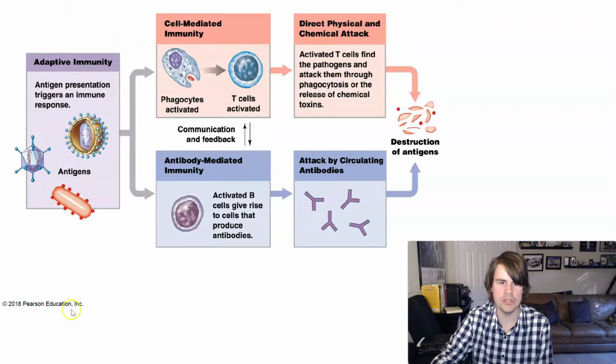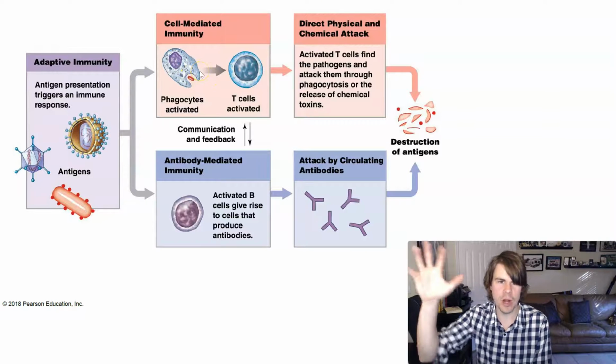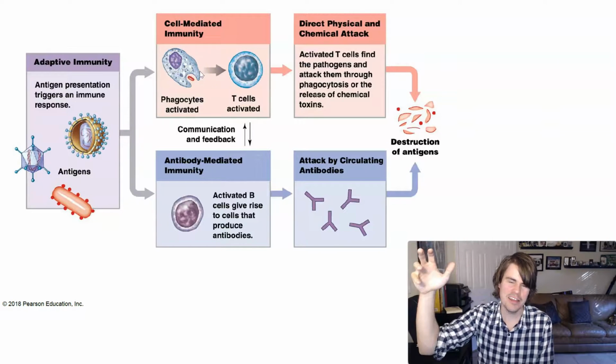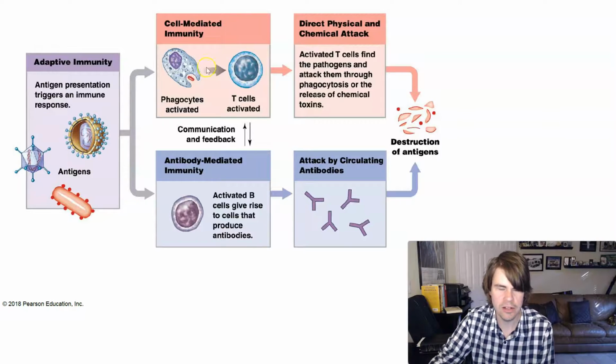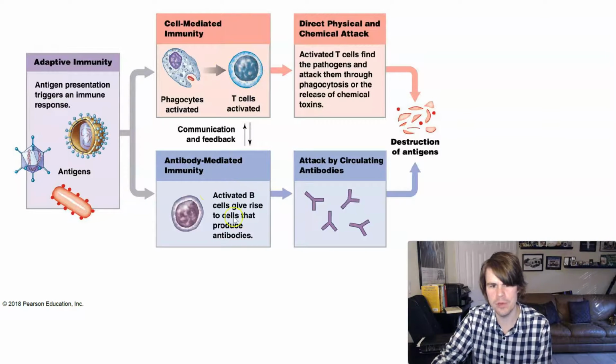So let's look at a picture here. So adaptive immunity, right? Here's your antigens, a virus, a bacterium, another type of virus, different types of viruses. And phagocytes activated, and they present parts of those antigens on the outside of the cells, and then that activates T cells, communication and feedback between B cells.